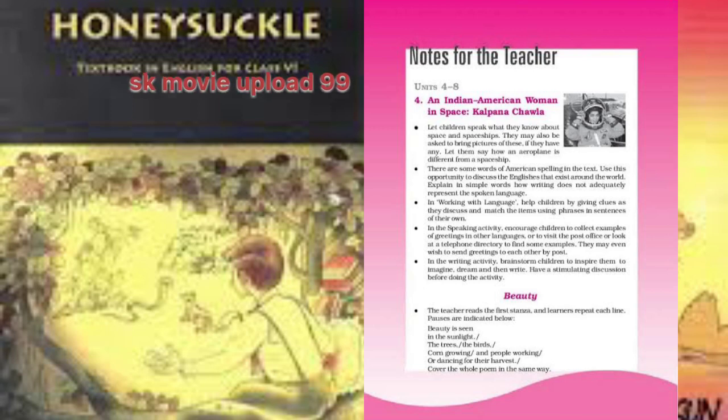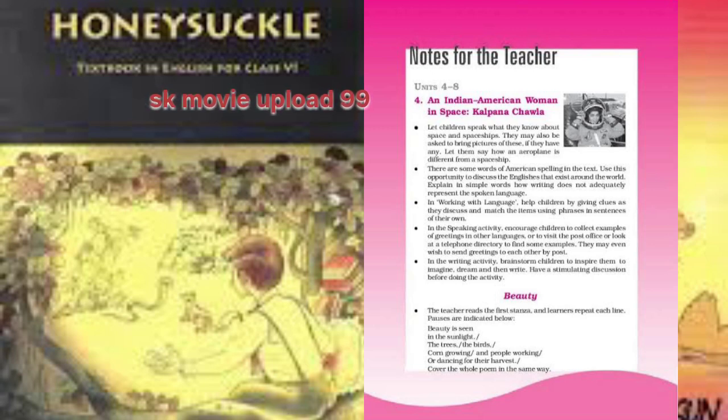5. In the writing activity, brainstorm children to inspire them to imagine, dream, and then write. Have a stimulating discussion before doing the activity. Beauty. 1. The teacher reads the first stanza and learners repeat each line.